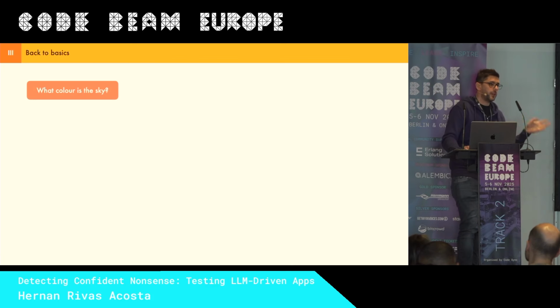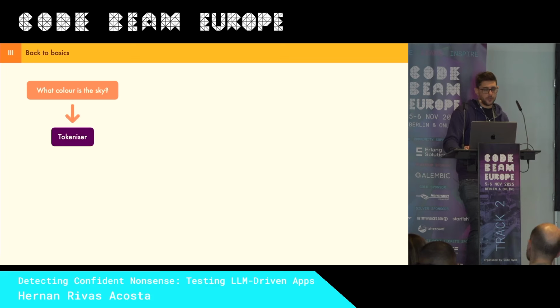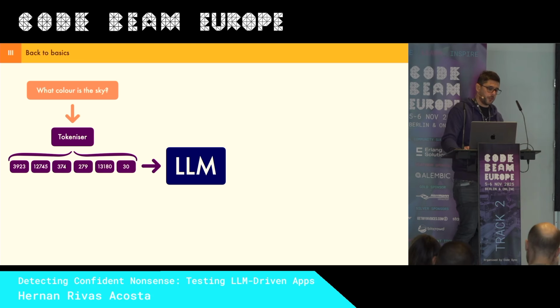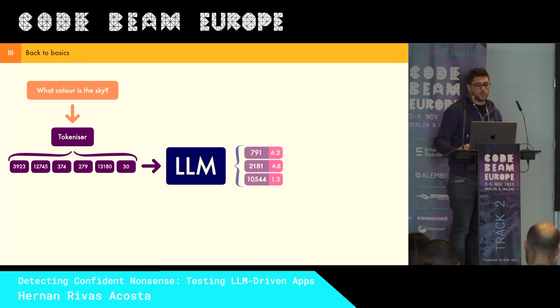So if the user has a question, what first happens is it gets tokenized, and every word has a token. Actually, not every word, word parts and punctuation, but every word has a token. We pass this to the LLM, which for all our purposes today is a black box, and this will return a series of tokens with weights. From this, we do sampling, which I don't want to get too deep into.